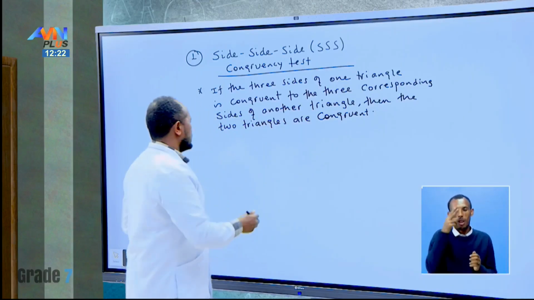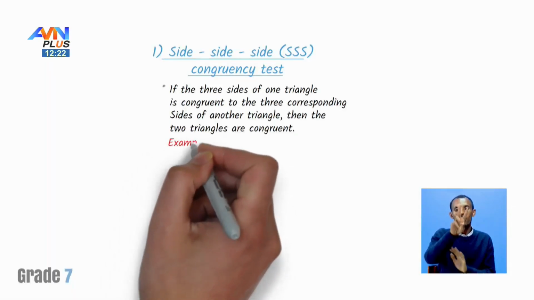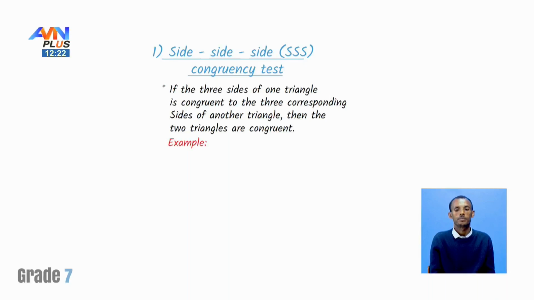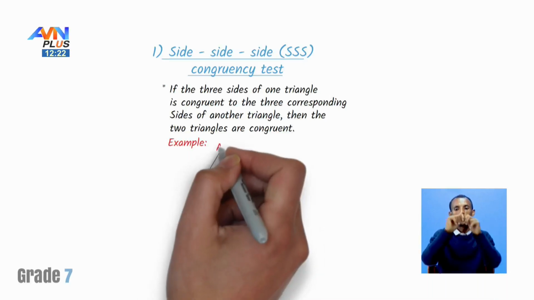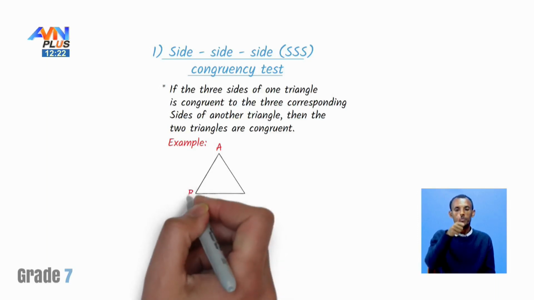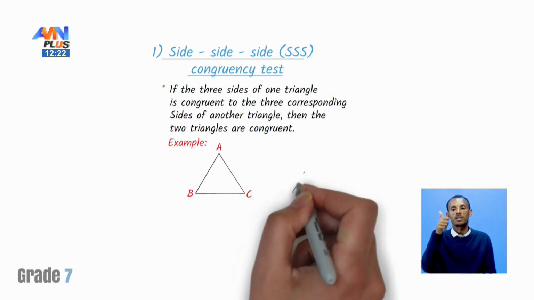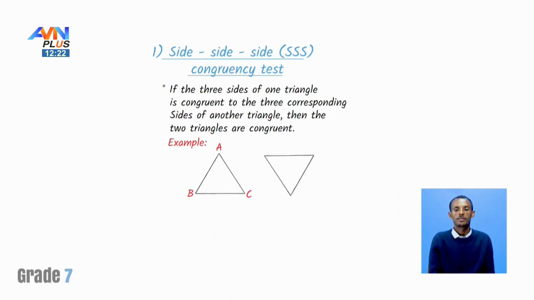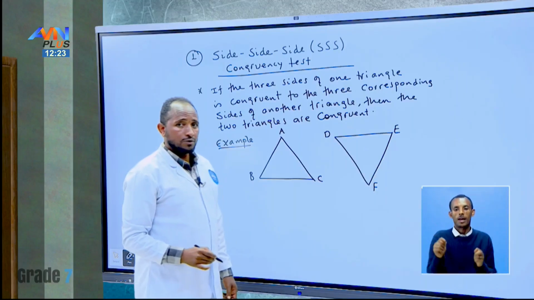Look, for example, if you take these two triangles, okay, let's take this triangle A, B, C, and take another triangle, this one, triangle D, E, F, and let's mark congruent sides of the triangles with the same mark or symbols.